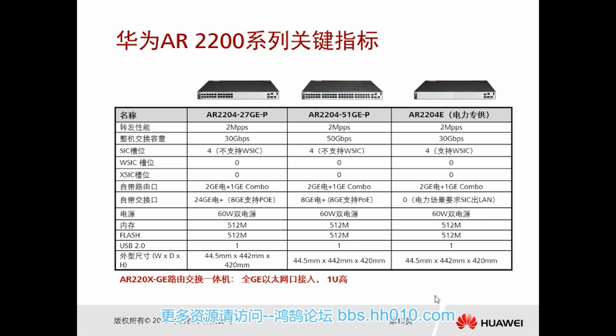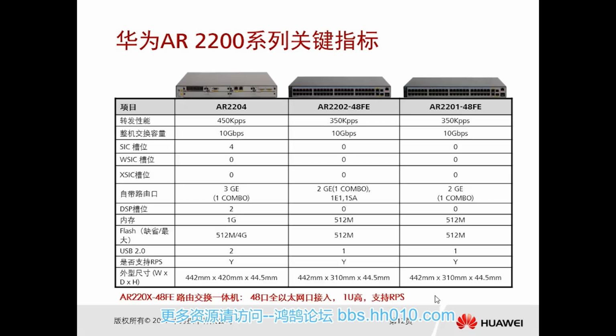So over here, this 2202 is connected to 2201 with AR 48FE behind it. These two models were introduced after the VRR 3C003 version, a newly launched all-in-one router switch model. So here 48 means these are Ethernet ports. He has a total of 48 ports. It can provide access, then its height is 1U, and it supports RPS.